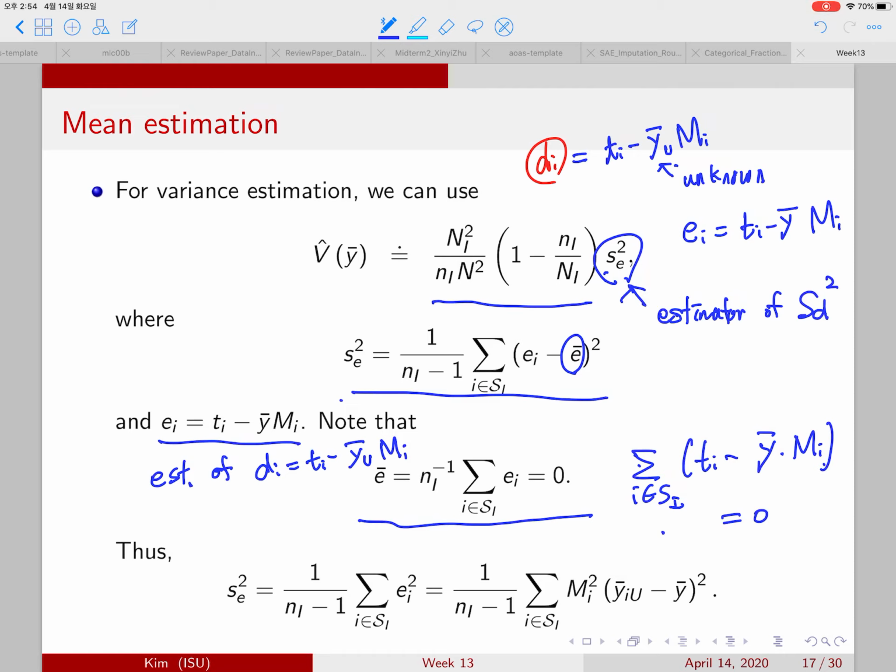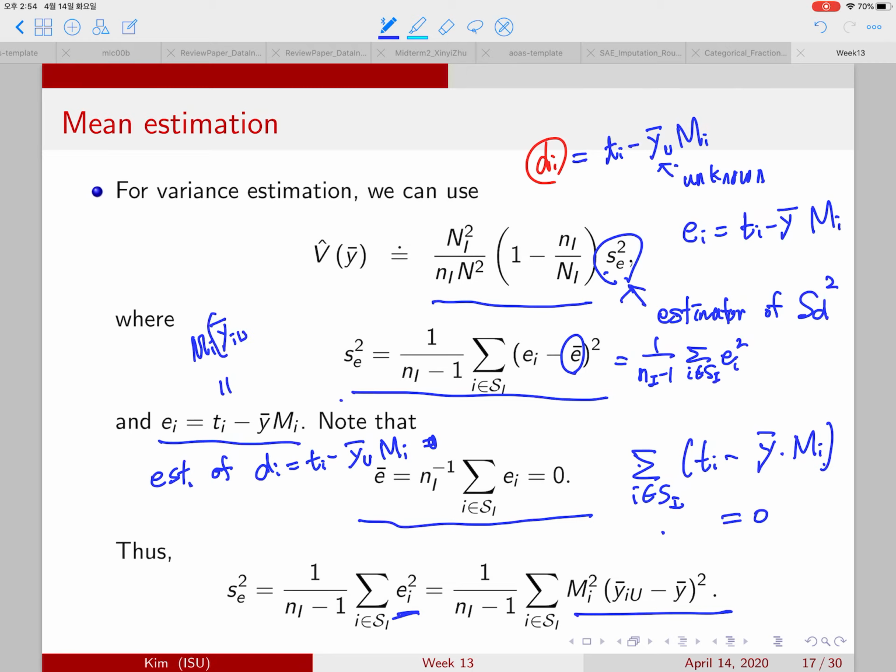So you can simplify the computation, and the whole thing becomes 1 over n minus 1, summation over i in s of ei squared, and then ei squared is equal to this, because ti is mi times y bar i.